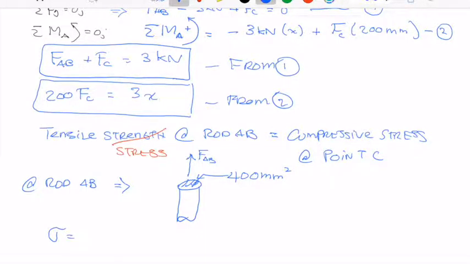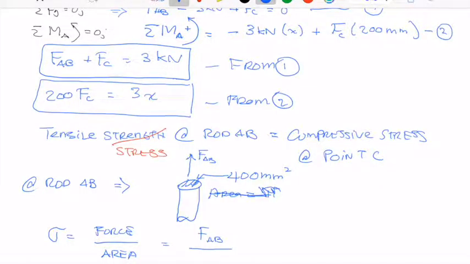AB is equal to the force divided by the area. So the force is FAB, divided by the area for the rod, which is just 400.